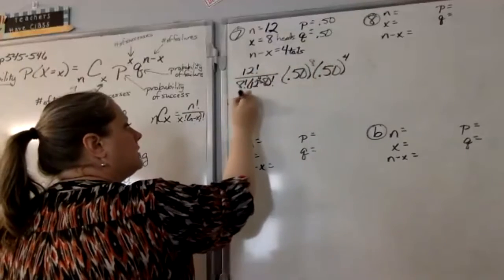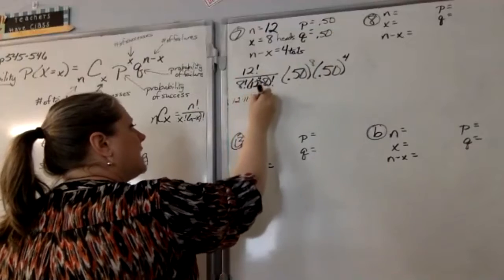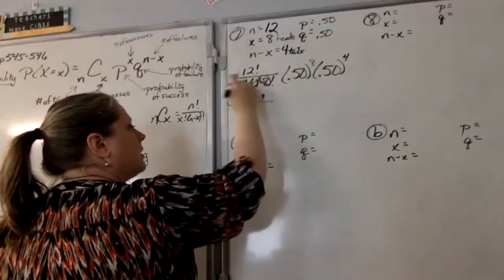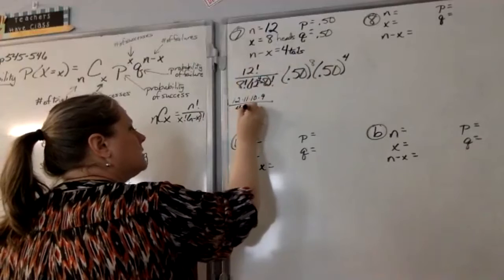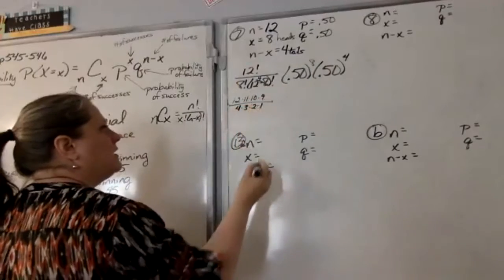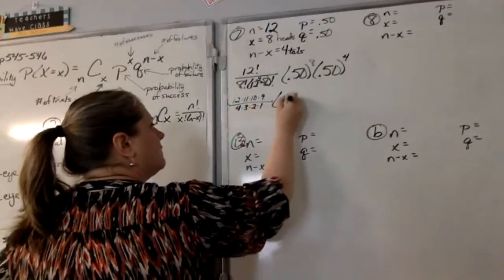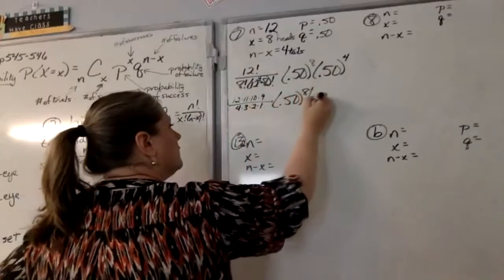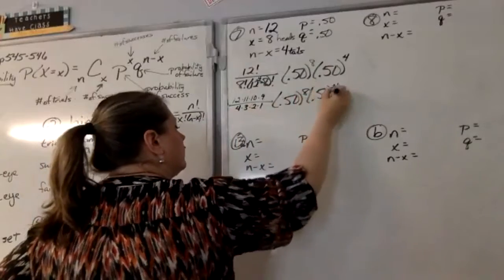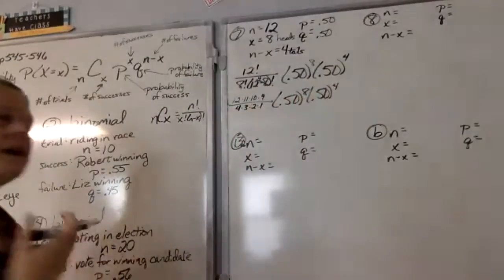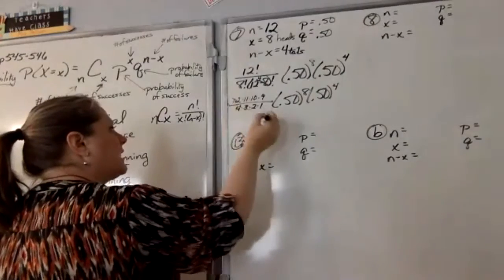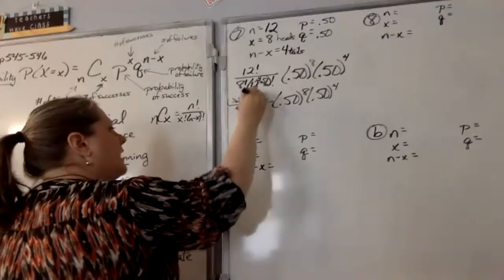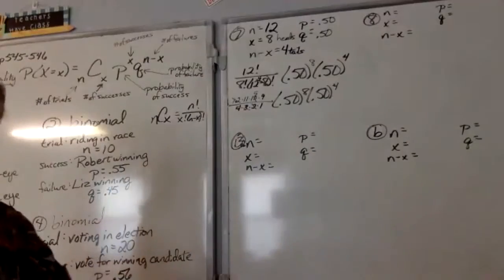So I'd have 12 times 11 times 10 times 9, and on the bottom, I still have 4 times 3 times 2 times 1, and then times 0.50 to the 8th power and 0.50 to the 4th power. What I tried to do at this point is, I know 4 times 3 is 12, that cancels out. 2 goes into 10 five times, and then you just start multiplying everything together.